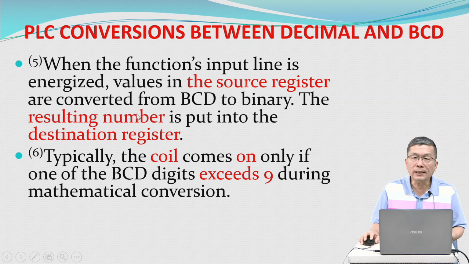The resulting number is put into the destination register. Typically, the coil comes on only if one of the BCD register digits exceeds 9 during conversion.